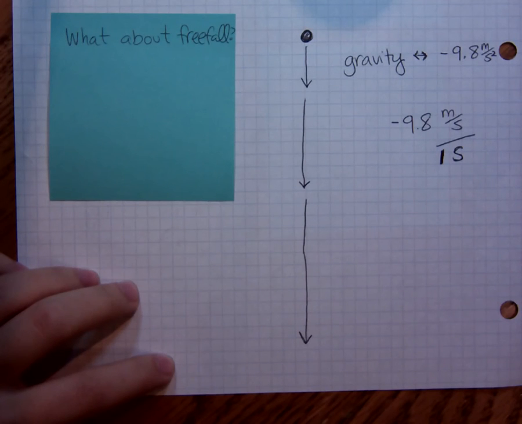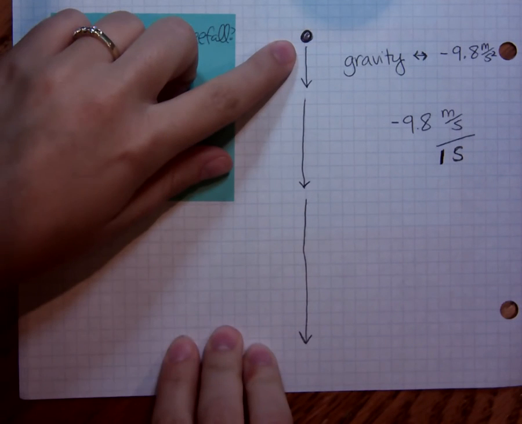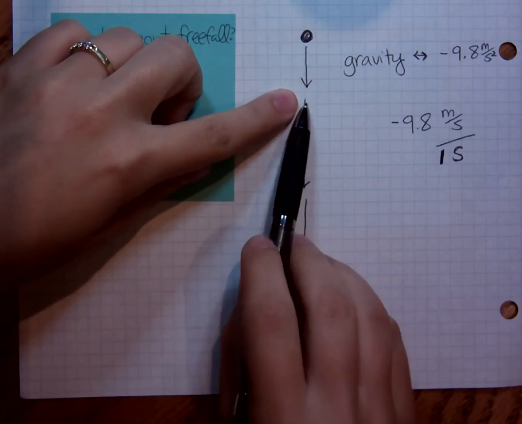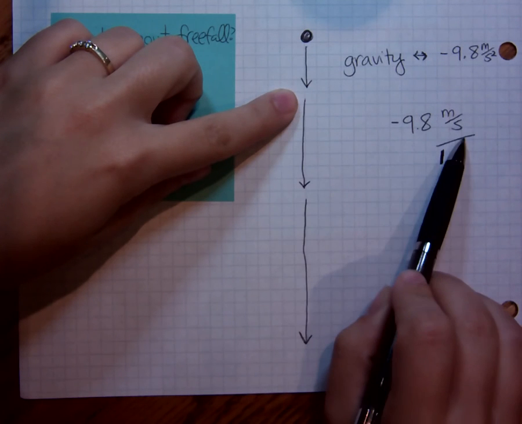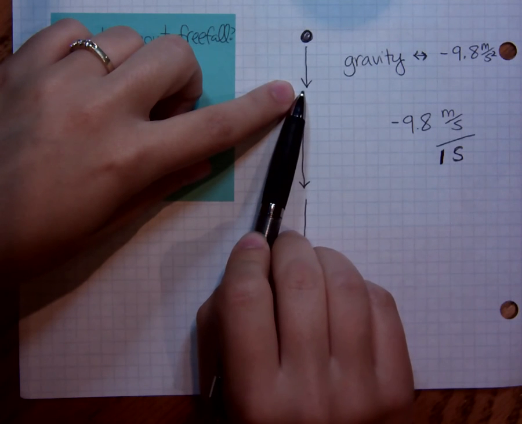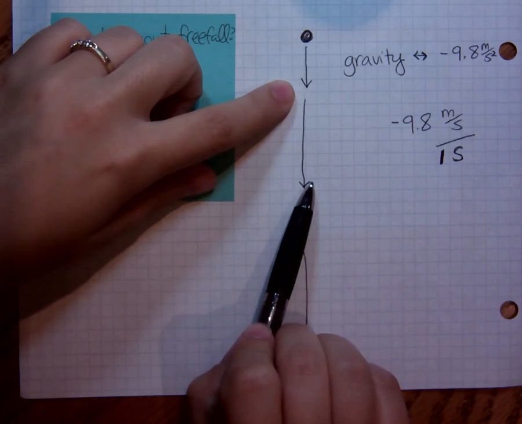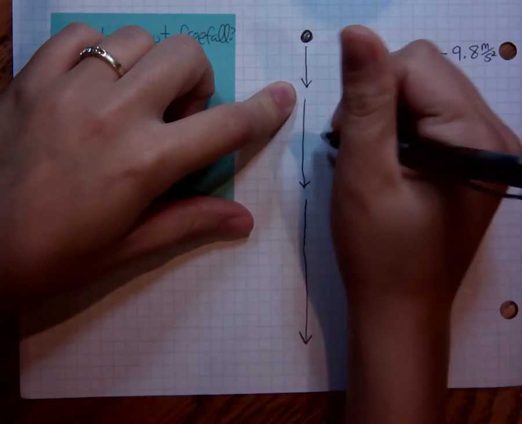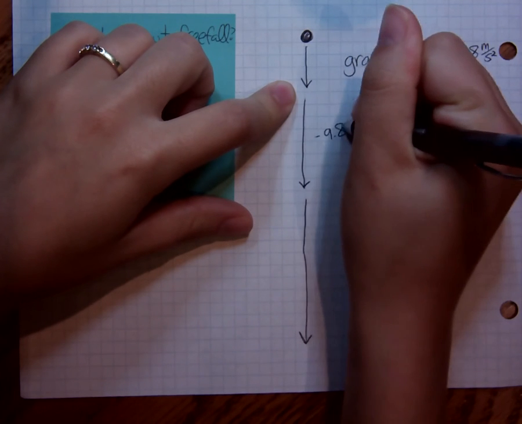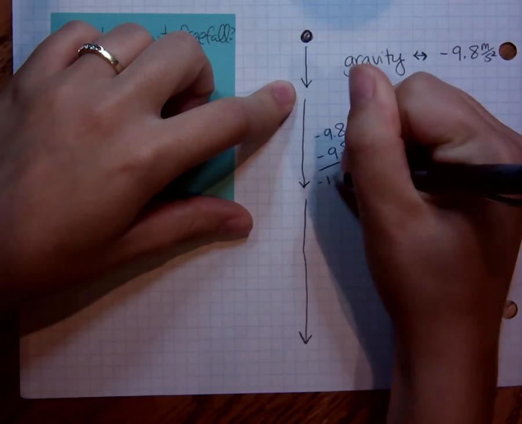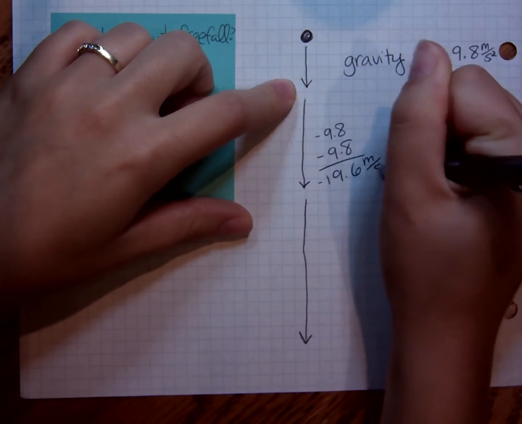So after 1 second, my ball will be falling at a rate of negative 9.8 meters per second. Alright, well, for my next second, I'm going to change by this factor again. After the next second, it's going to change by this factor again. So it's going to be negative 9.8 minus 9.8 again, which gets you negative 19.6 meters per second.